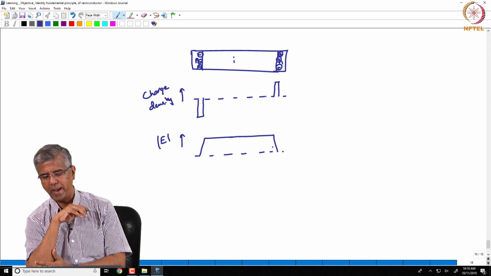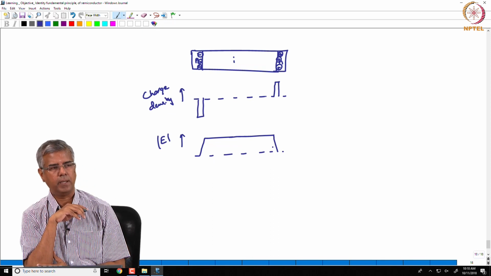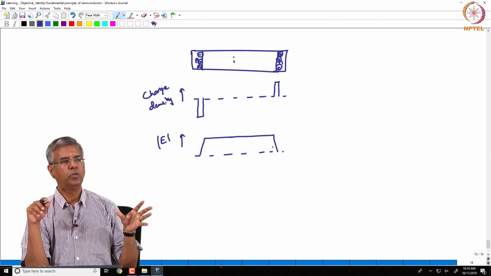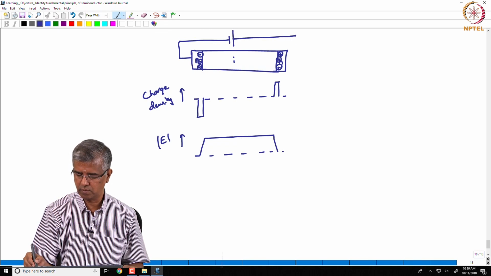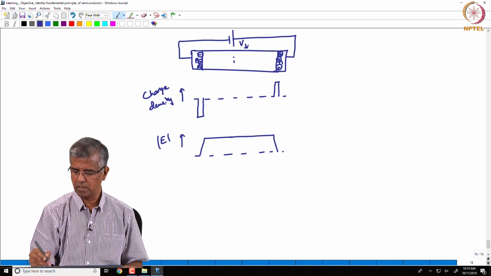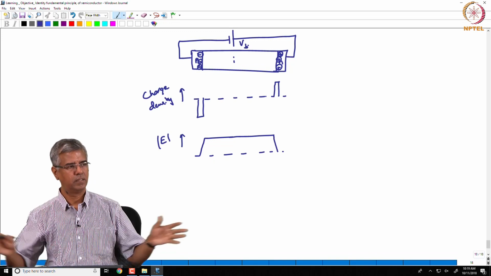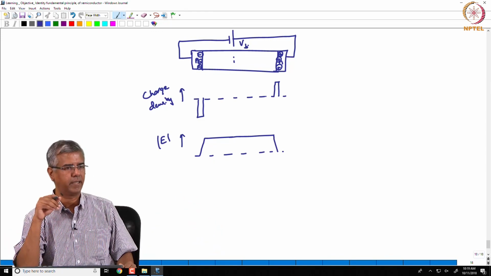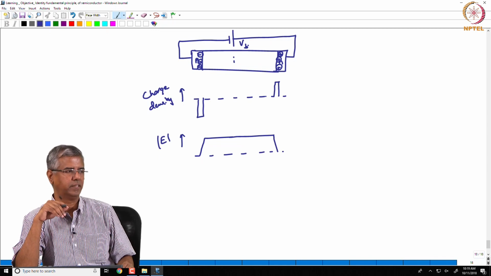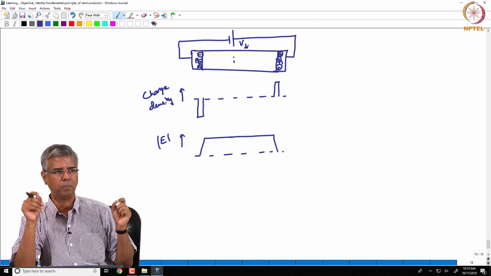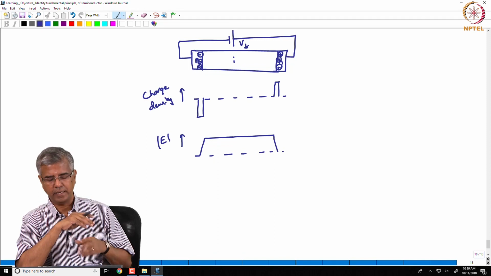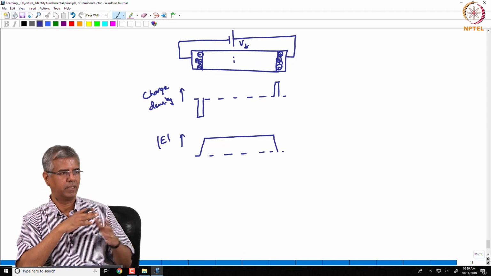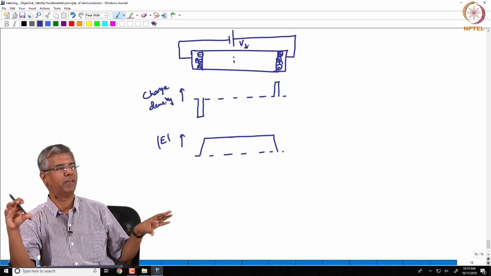So what you have managed to do is, if you apply an external bias now, distribute that bias across that entire I region, right. And if you make your P and N regions relatively much smaller, then you can say that across the entire structure you have an electric field.